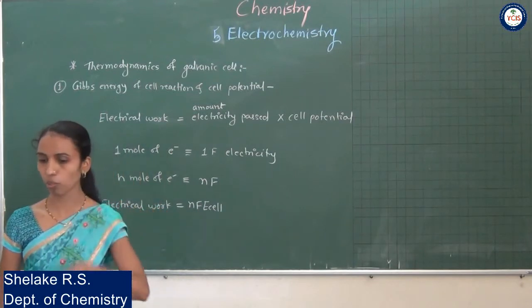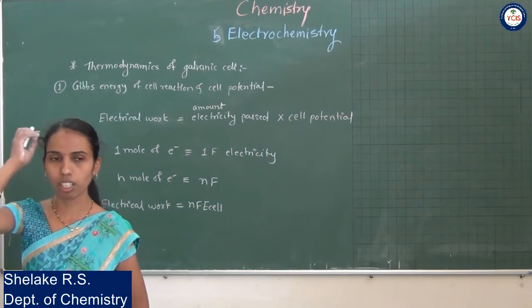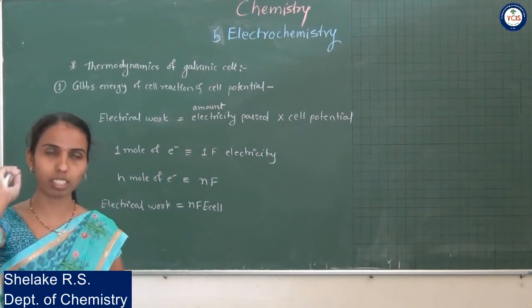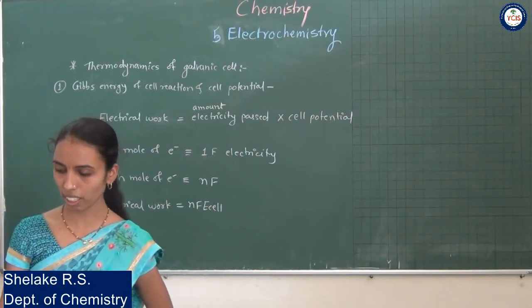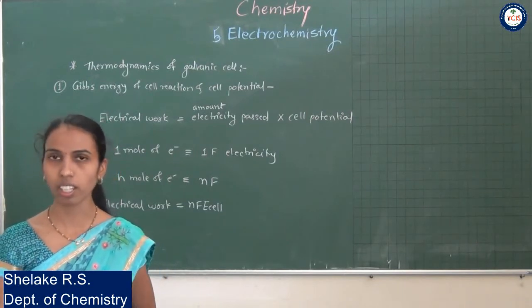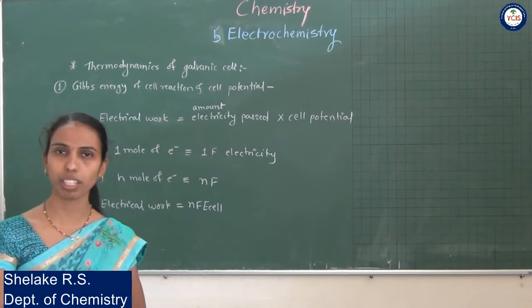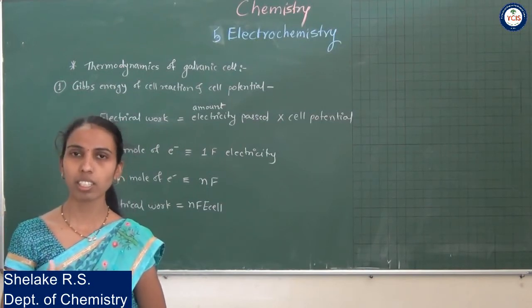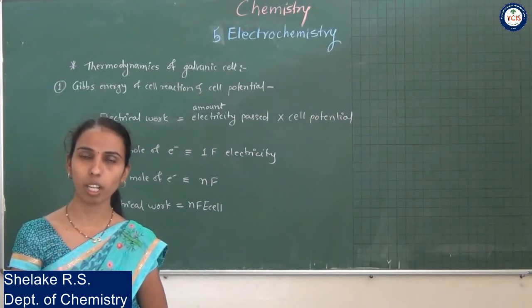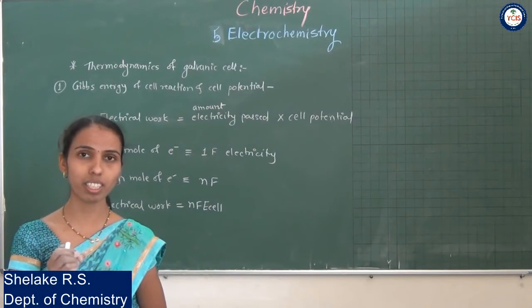E cell is nothing but what? Cell potential. Now W. Gibbs, scientist आहे, W. Gibbs in 1878 he studied that electrical work done in a galvanic cell is equal to the decrease in Gibbs energy. What he studied, that electrical work done in a galvanic cell is equal to the decrease in Gibbs energy.